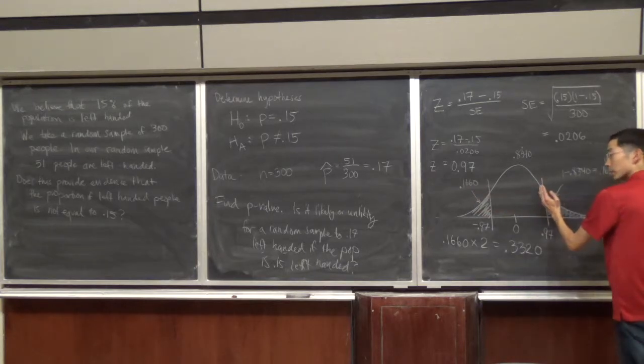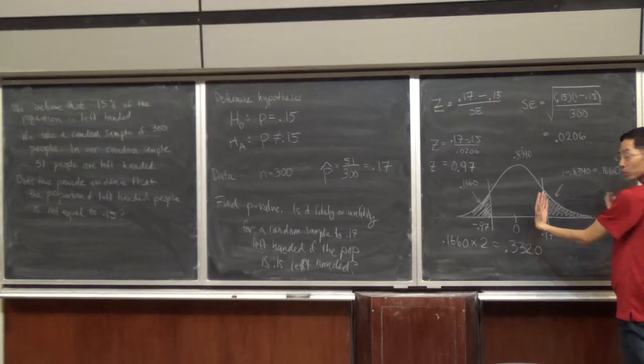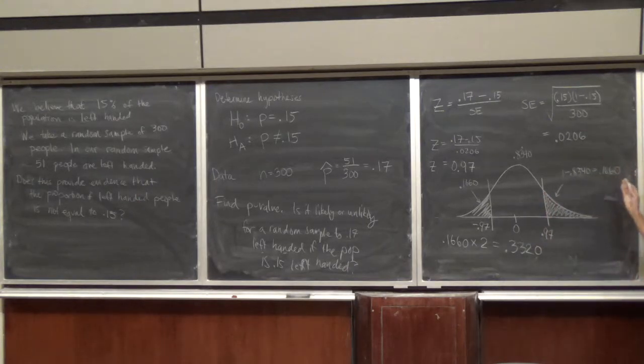I want the area to the right multiplied by 2. So to get the area to the right, I do 1 minus that, and this part is 0.1660, equal to the other part, and I multiply by 2. So my p-value is 0.3320.